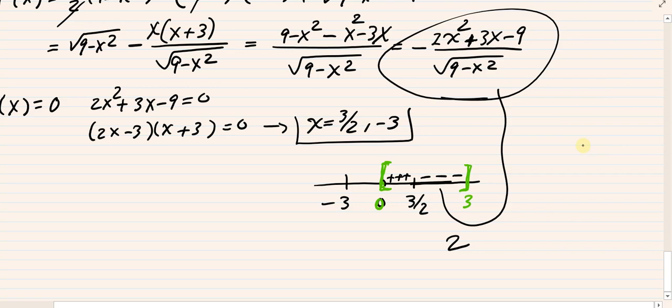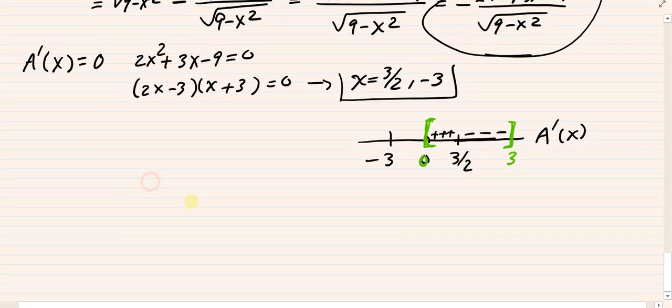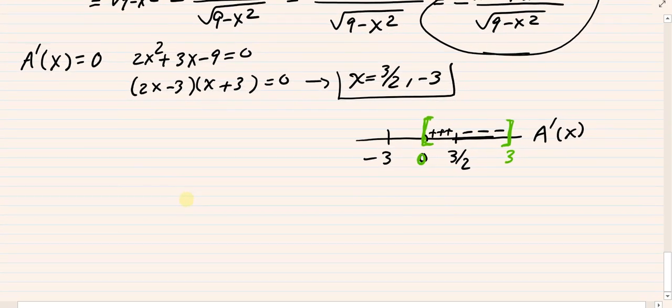Okay, so we have that done. So this is our sign chart for A prime x. So we go from positive to negative, therefore there's going to be a local max, and of course, because that's the only critical number over the entire domain, in this case the sensible domain, 0 to 3.